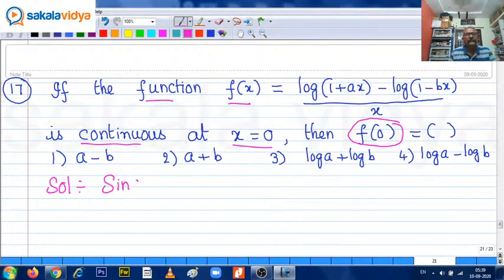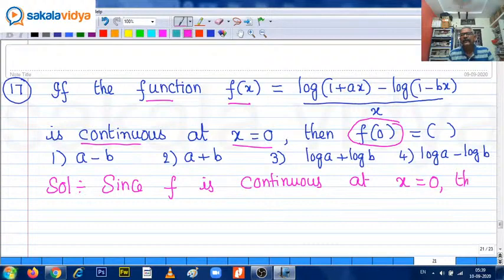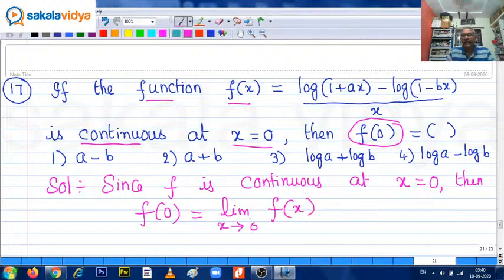Since f is continuous at x is equal to 0, then f of 0 must be equal to limit x tends to 0 of f of x. Now the limit of the function needs to be evaluated. Now the problem becomes the limit chapter itself. That's why I told you the limit chapter can also be revised at this instant.